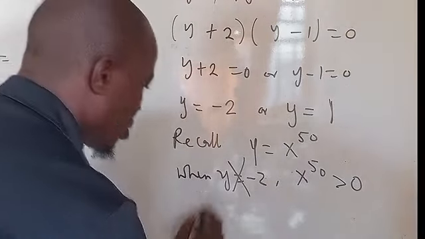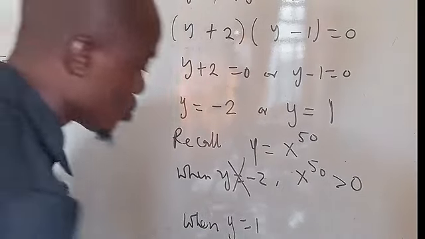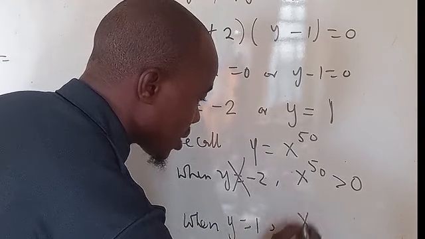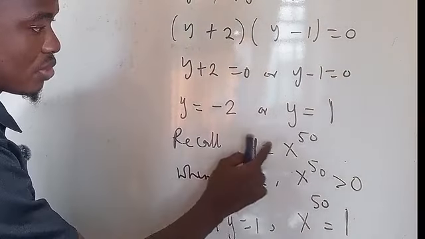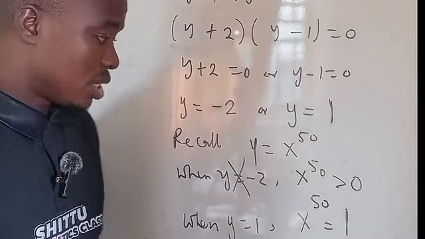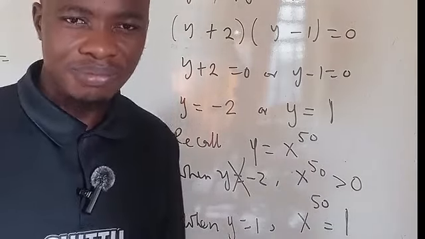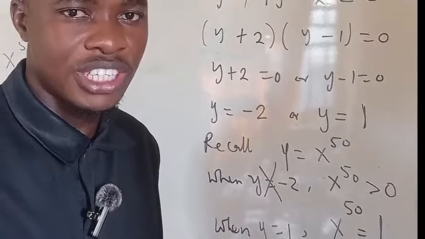All right, so when y equals 1, this is positive, so therefore we can have x raised to the power of 50 to be 1, because that is what we have for the value of y. All right, so the next thing we're going to do is to take the 50th root of both sides of the equation.